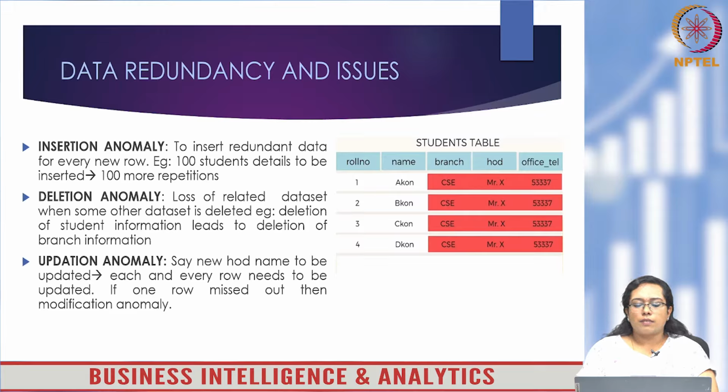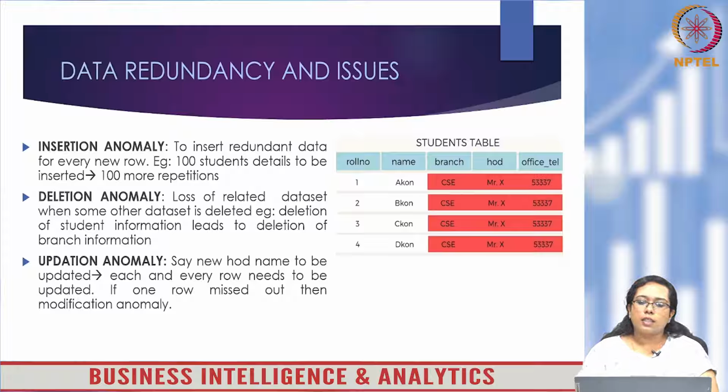Next one is deletion anomaly. It is the same thing, wherein you are deleting all students. Say the students have passed out, and you are deleting the students' information. Then what happens? The branch, the HOD name, the office telephone numbers, which are written along with the student names, also get deleted, isn't it?